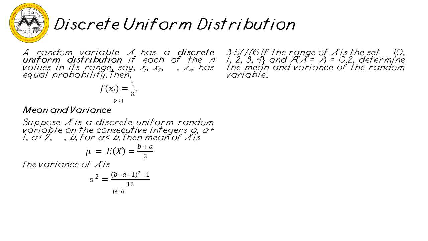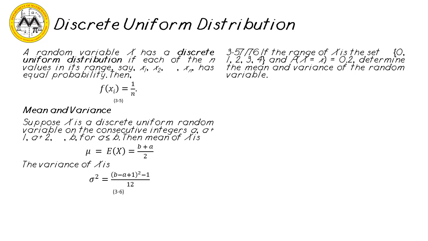Let's have an example. If the range of x is in the set 0, 1, 2, 3, 4, with the probability of x equal to x is 0.2, determine the mean and variance of the random variable. Consider that this is a uniform distribution with the uniform probability 0.2.